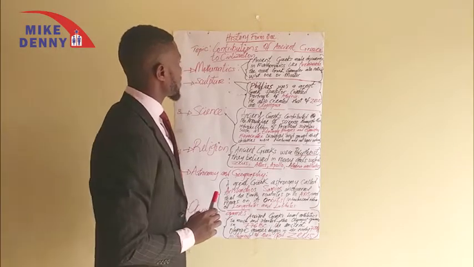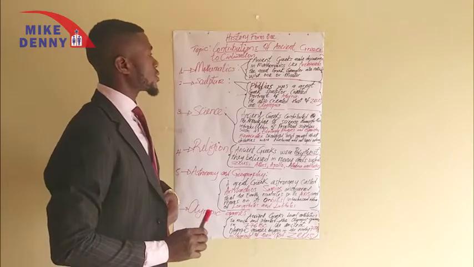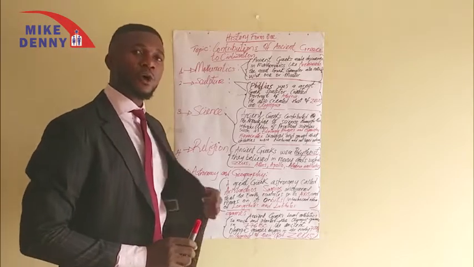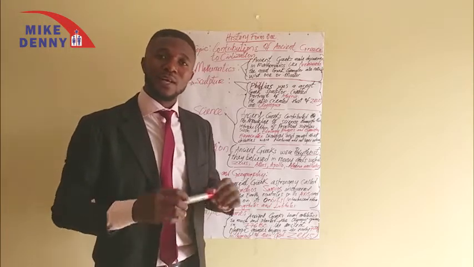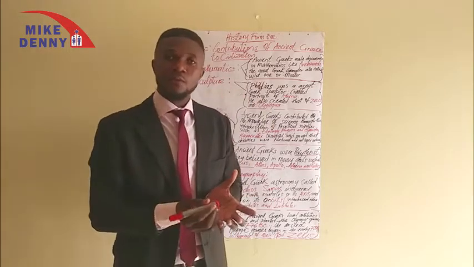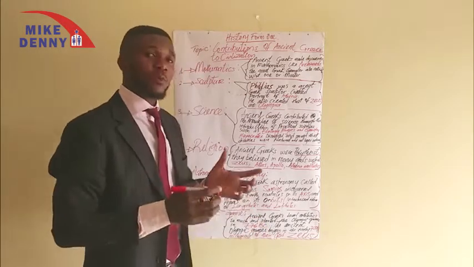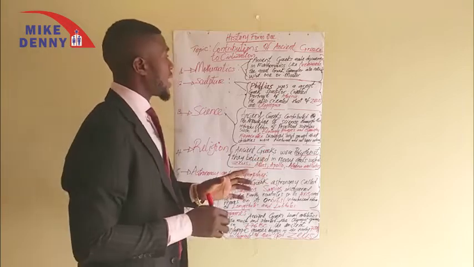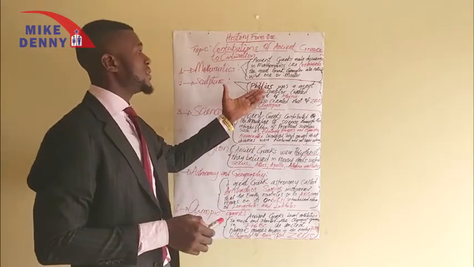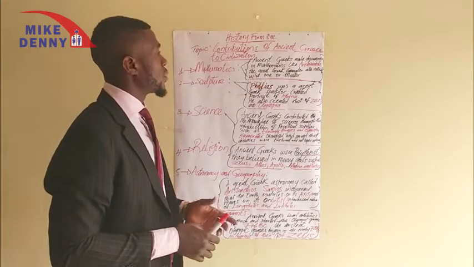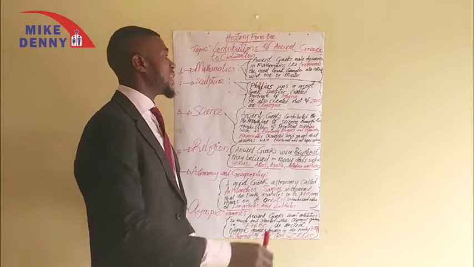So, my dear students, we're going to move forward with sculpture. When we talk of sculpture, what comes to our mind is a sculptor. A sculptor is someone who carves out things from wood and other materials. In ancient Greece, we had great sculptors like Phidias, who created a portrait of Athena.